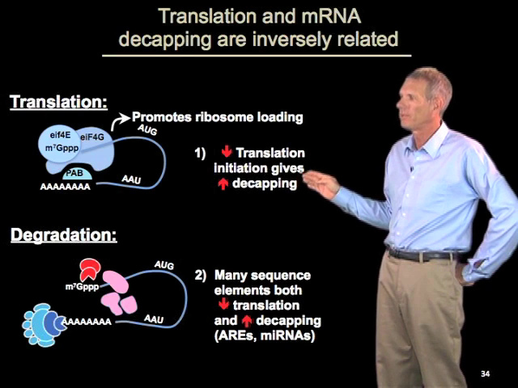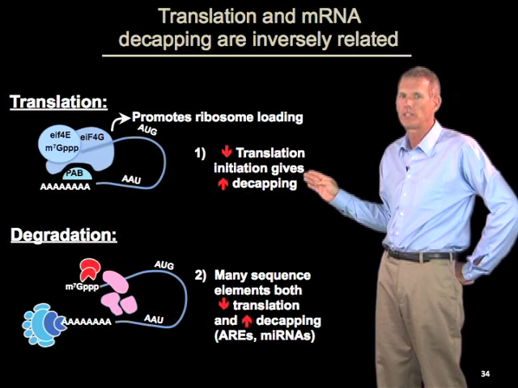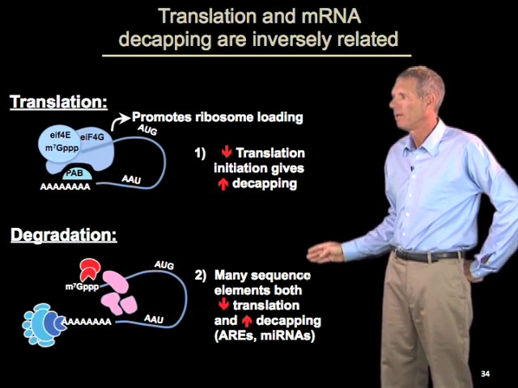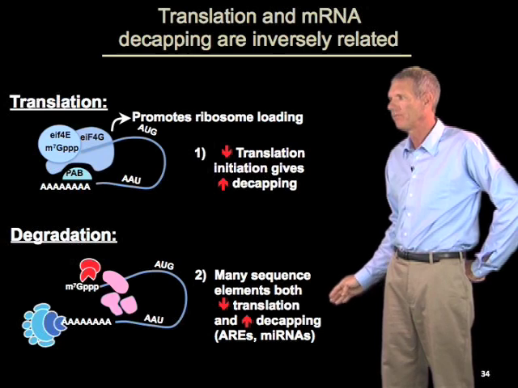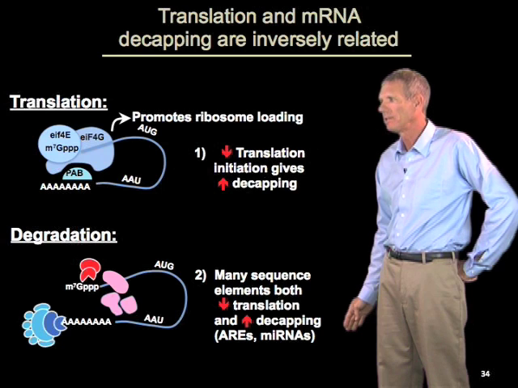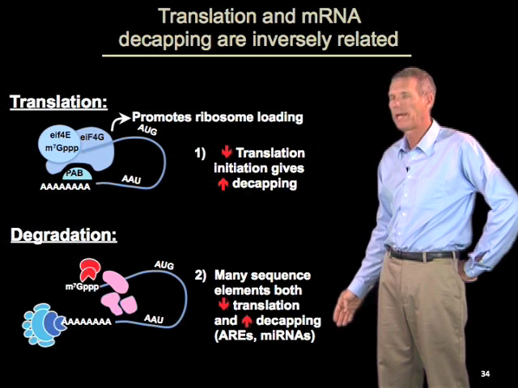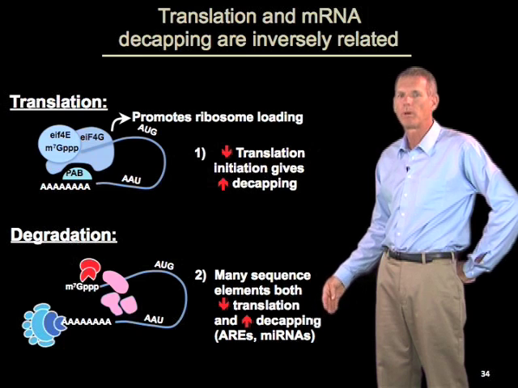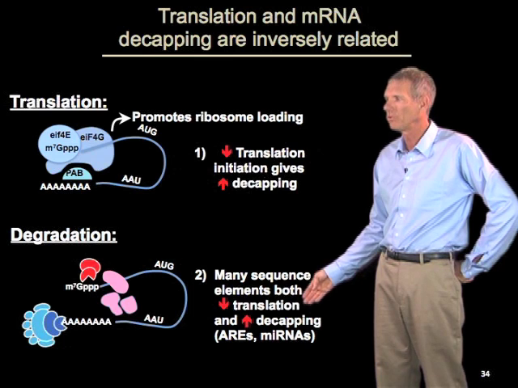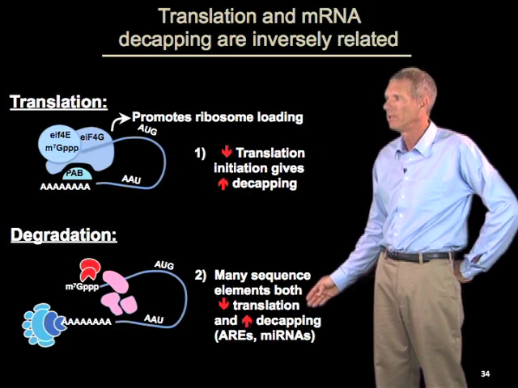If you alter the rate of translation initiation by mutations or alterations to the RNA, you increase the rate of decapping. Similarly, many sequence elements which people identified as either regulating translation or regulating decay do both. For example, the AREs I've talked about, which promote mRNA degradation, often under slightly different conditions, will also repress translation.